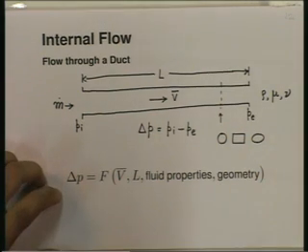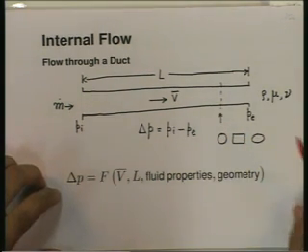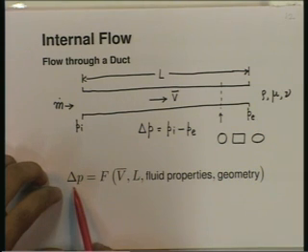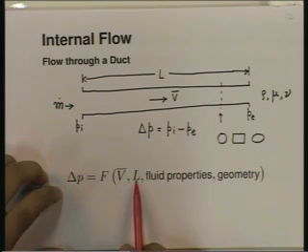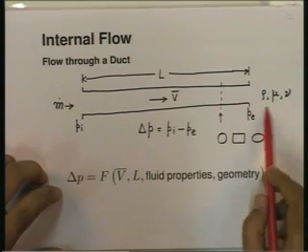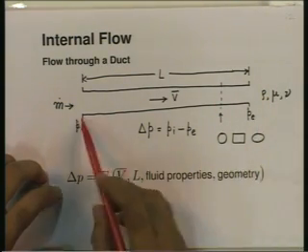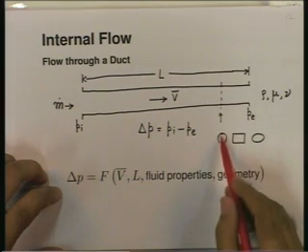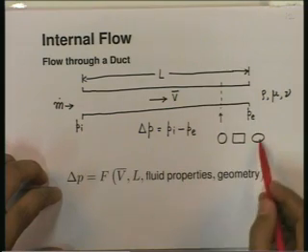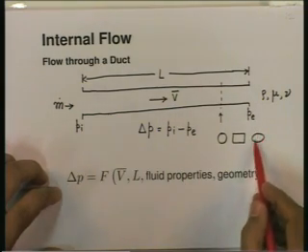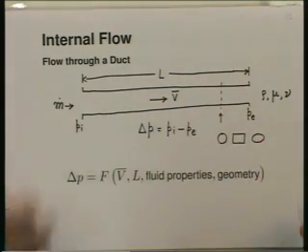The fluid mechanics problem here is to determine the pressure drop as a function of velocity, length, properties of the fluid and the geometry of the duct. Maybe the diameter, or the width and breadth, or if it is an elliptical duct, the major axis and the minor axis.